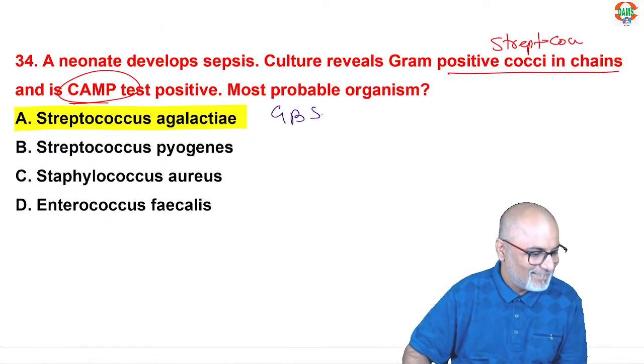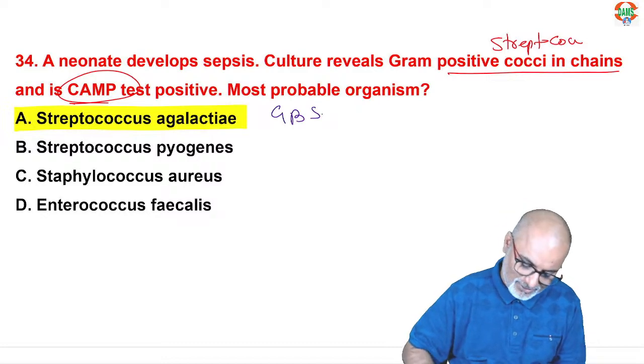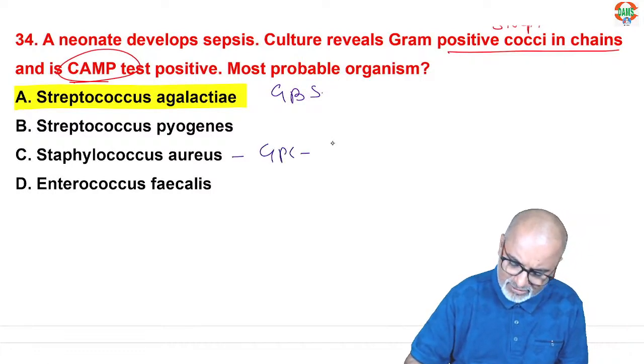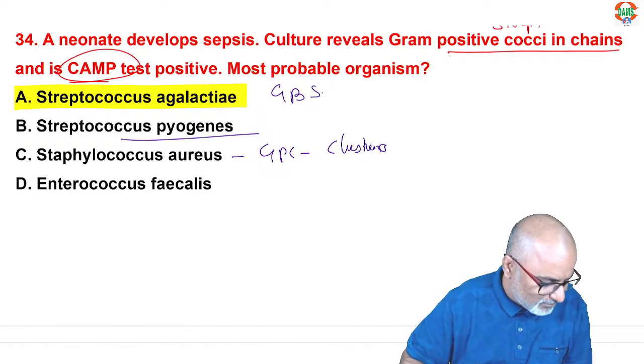Got it? Very good. Staphylococcus aureus is gram-positive cocci in clusters. Streptococcus is also in chains, but CAMP test negative.